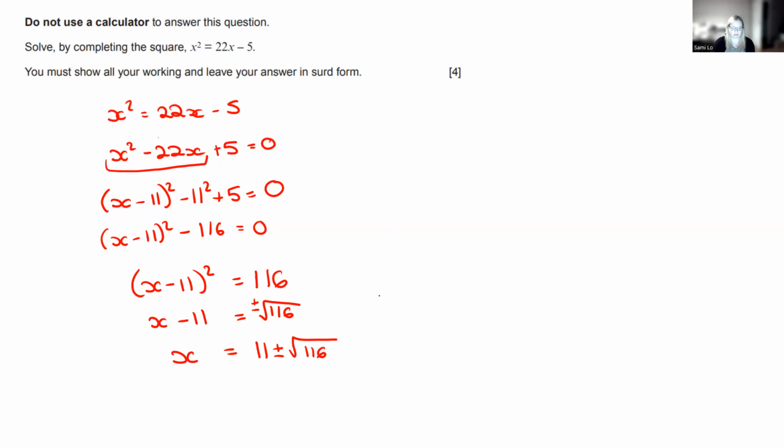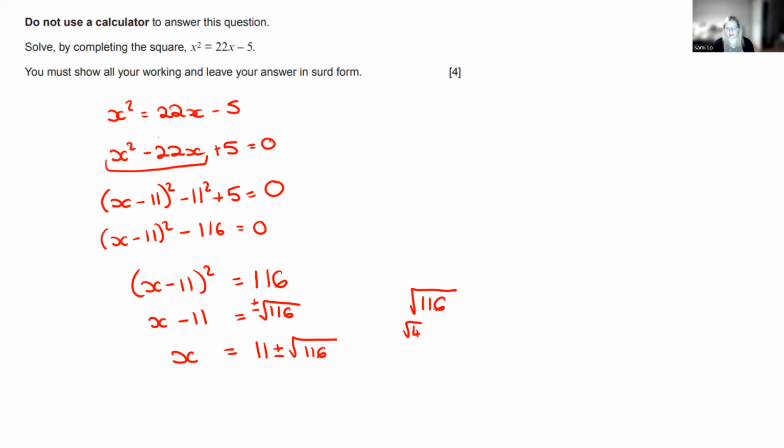Right, so that question's pretty much finished off. The only thing I would do is double check your surd, because it says leave your answer in surd form. They are controlling on the surd a little bit more than possible, so I check to make sure: can the surd be simplified, especially because it's 116. It's one of those ones that I know goes into 4.